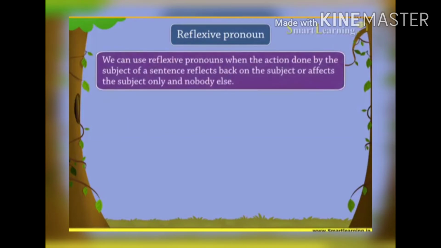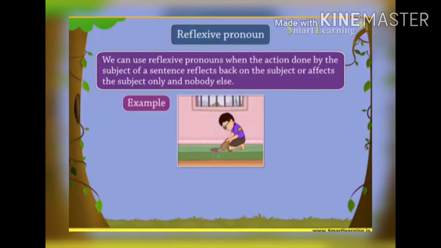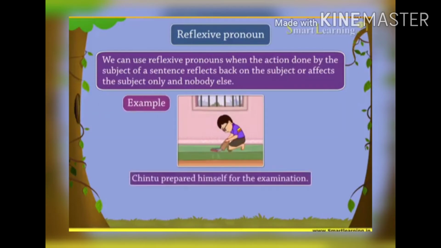Note that we can use reflexive pronouns when the action done by the subject of a sentence reflects back on the subject or affects the subject only and nobody else. For example, Chintu prepared himself for the examination.